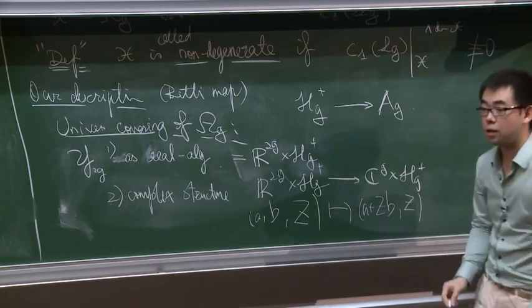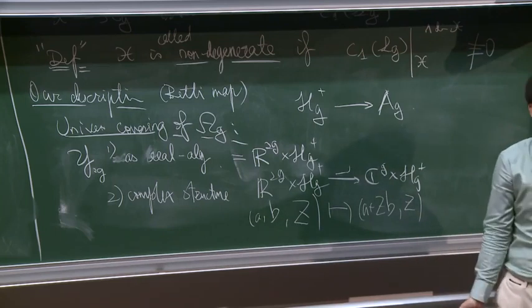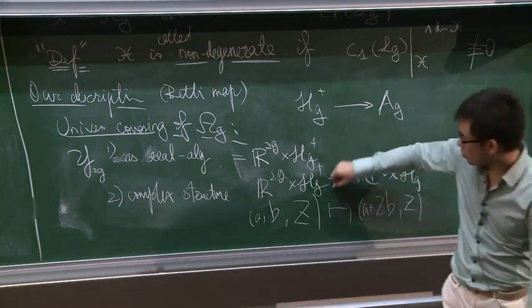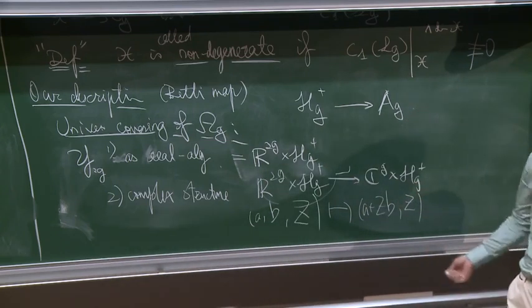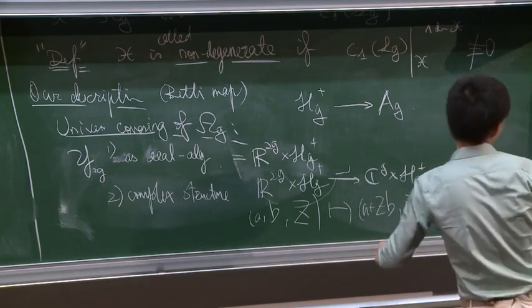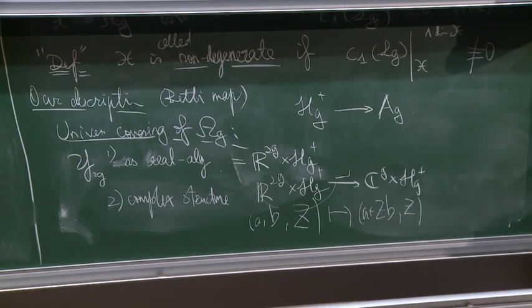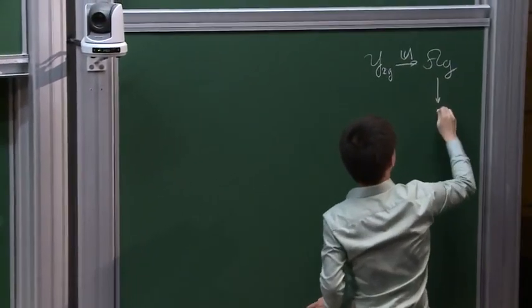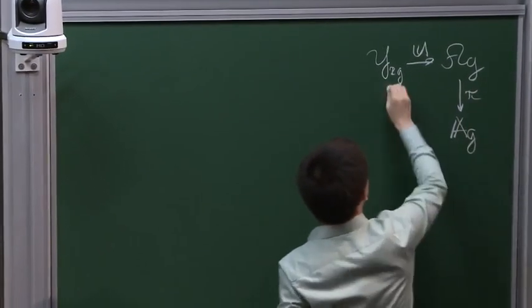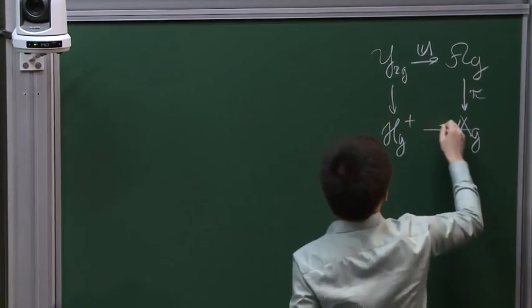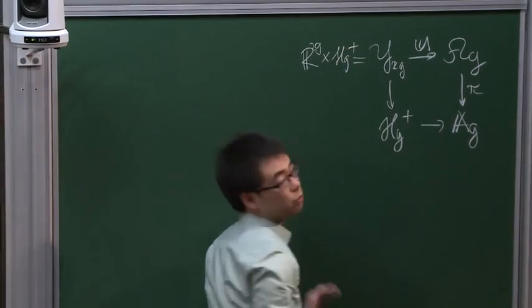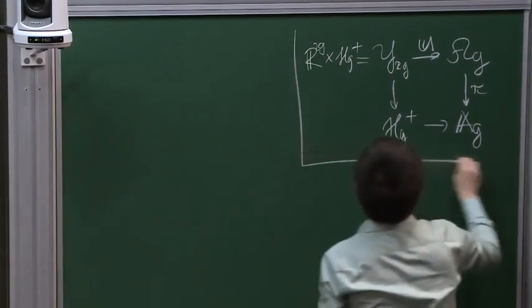This is a bijection, and also an isomorphism as real algebraic varieties, but the complex structure should be this one. Then this is the universal covering. Now Y_2G covers A_G, which maps to H_G plus. This is just the trivial product with some twisted complex structure.